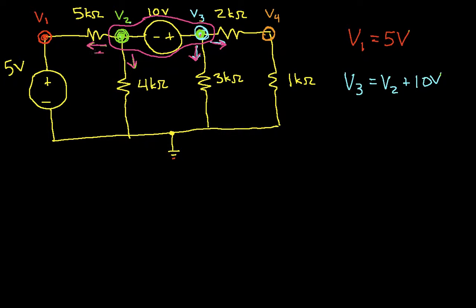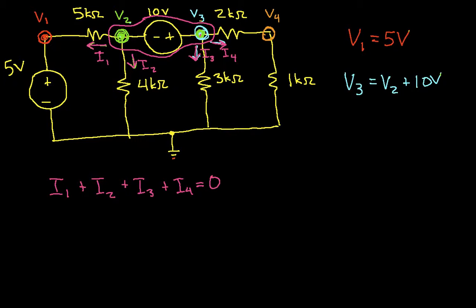Let me define some currents, I1, I2, I3, and I4. So we'll have that I1 plus I2 plus I3 plus I4 is equal to 0. This is applying Kirchhoff's current law to the supernode.